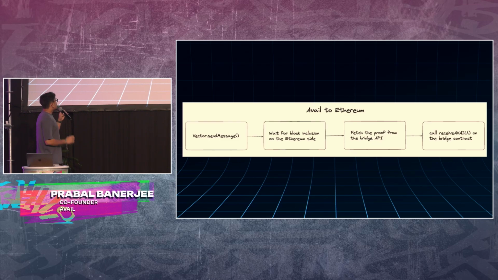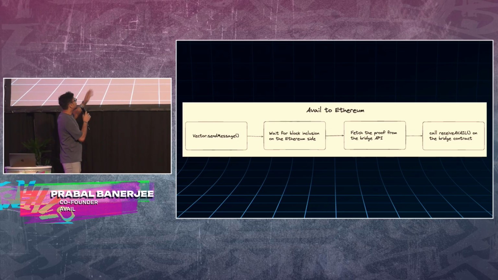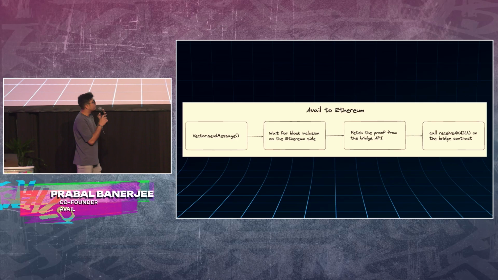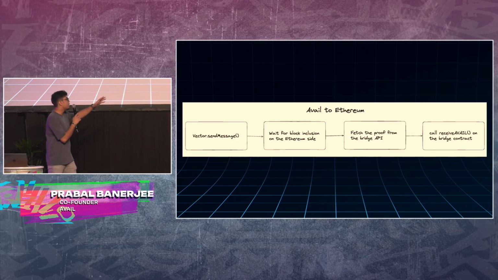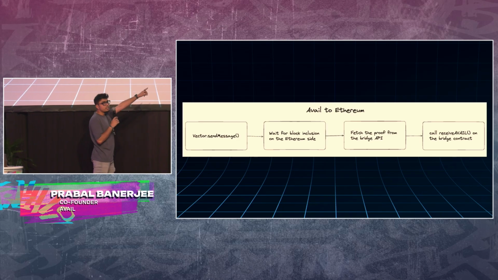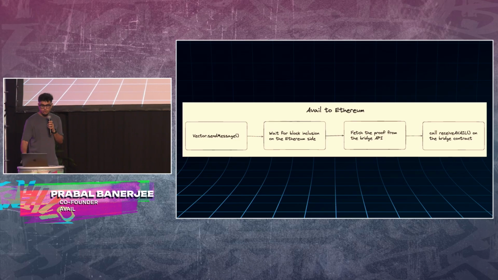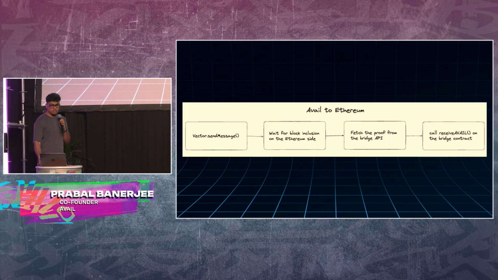If you think of the overall level, you have a send message function in the Vector pallet, which essentially waits for block inclusion on the Ethereum side, then fetches the proofs from the bridge API and calls the receive token function. This function can be your wrapper contract, anything of your choice. You can build an arbitrary wrapper contract to pass messages which you want to have on the Ethereum side or any other smart contract-enabled platform.